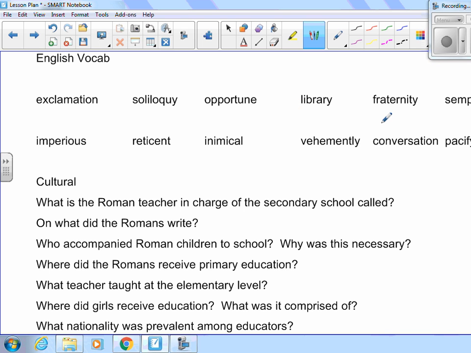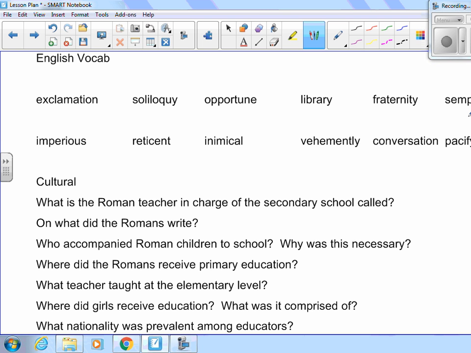Library, collection of books. Fraternity is a place for brothers to gather. Fraternity is something we use in colleges where a bunch of brothers hold some kind of common house, hang out, parties, all that stuff. Sempiternal is everlasting. Semper coming from always, and then the eternal, same base as eternal.